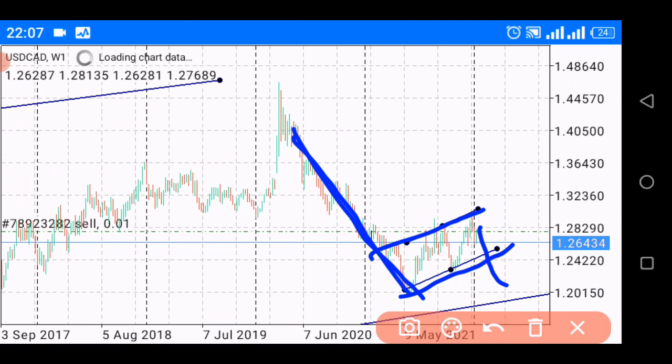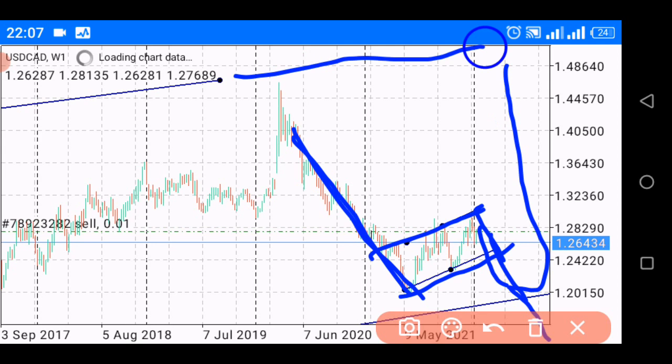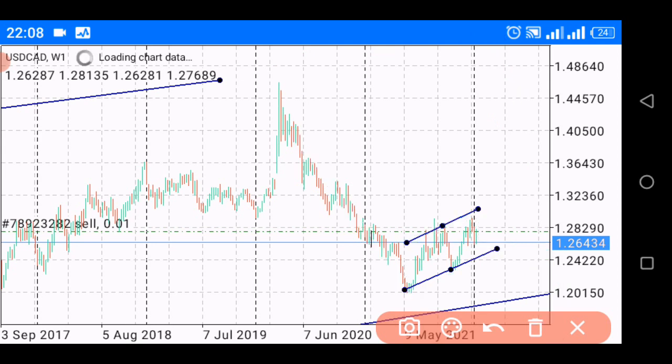When you look at it, you can see it is like a flag here. And a flag is continuation. We're probably expecting a movement here, breaking it out, or probably a movement here, forming a W formation in the monthly, and going up to this level before coming back to that level, before breaking out.